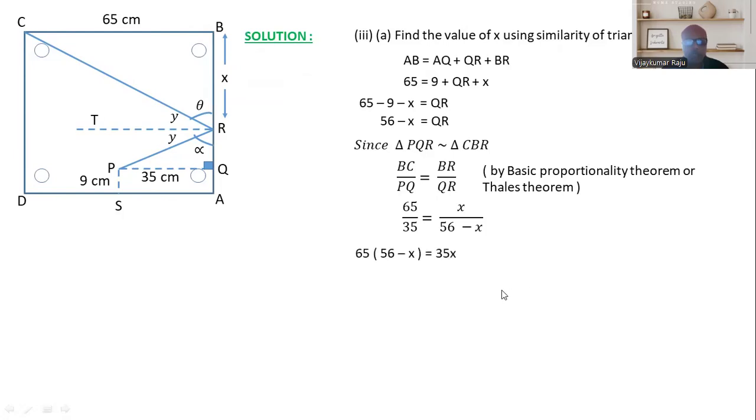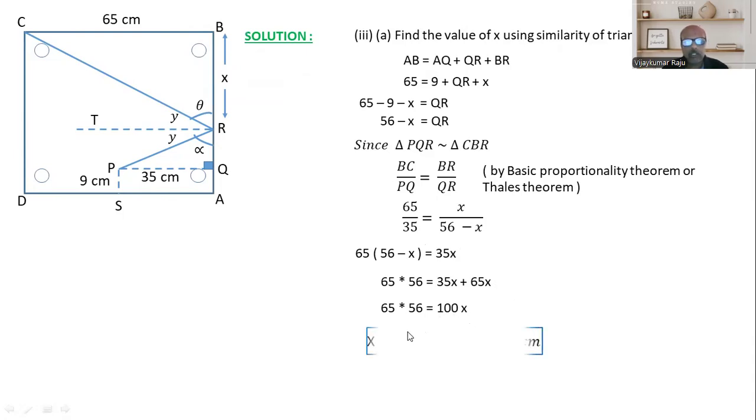Cross multiply. 65 into (56 minus X) is equal to 35 into X. Open the bracket: 65 into 56 minus 65x is equal to 35x. When minus 65x comes to this side, it becomes plus 65x. This total is 100x. So 65 into 56 is equal to 100x.